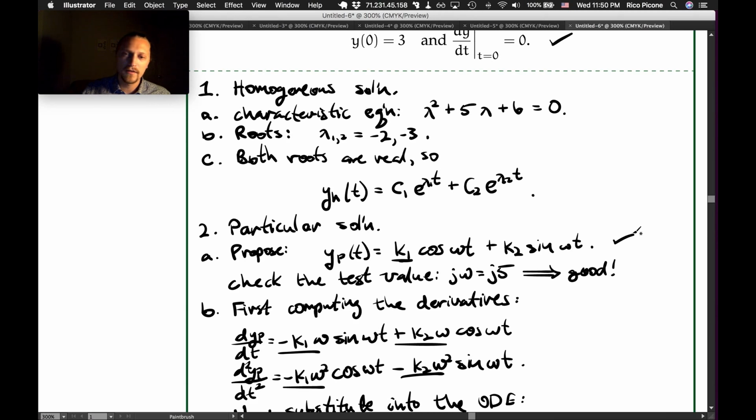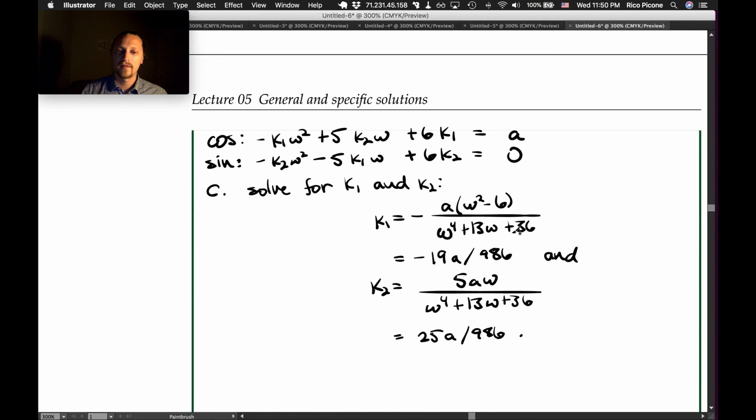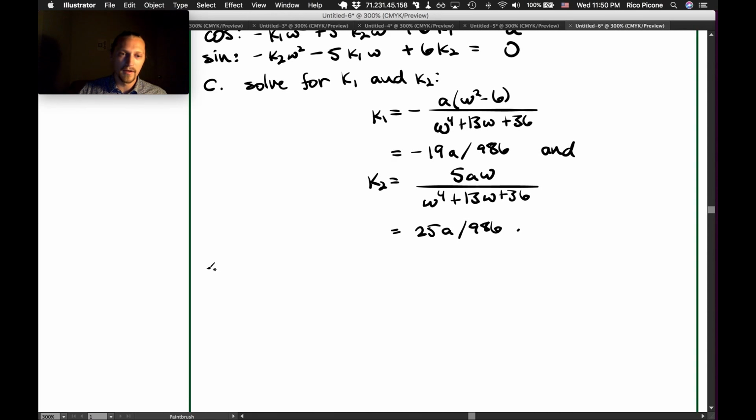Great. So we have our particular solution. We proposed it. Turns out it is a particular solution. And K1 and K2 we have solved for. So all that remains is step 3.